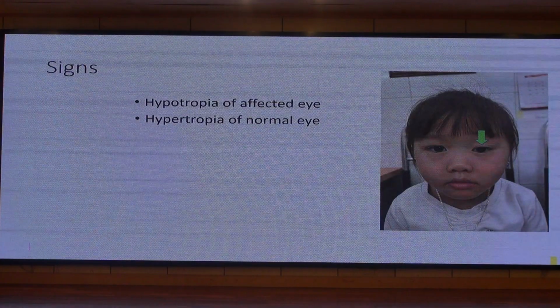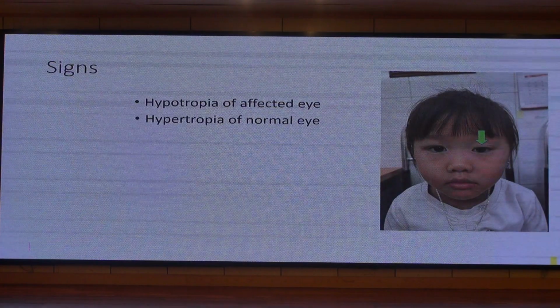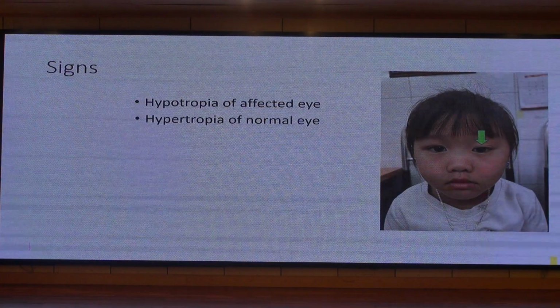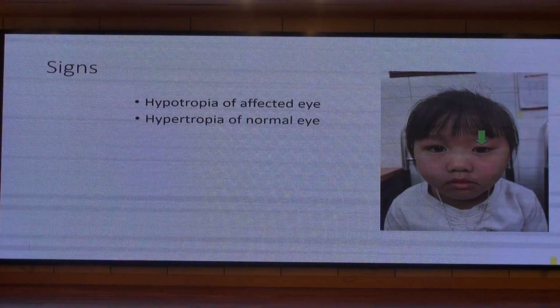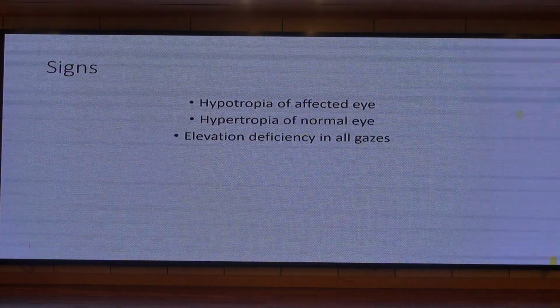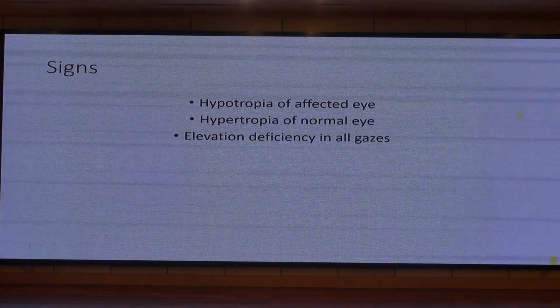The signs of MED: there is hypertropia of the affected eye when the normal eye is fixing, and hypertropia of the normal eye when the affected eye is fixing. Next sign is elevation deficiency in all gaze.